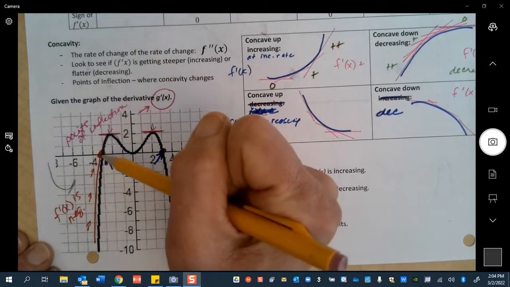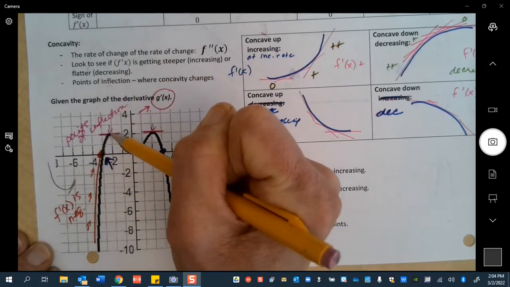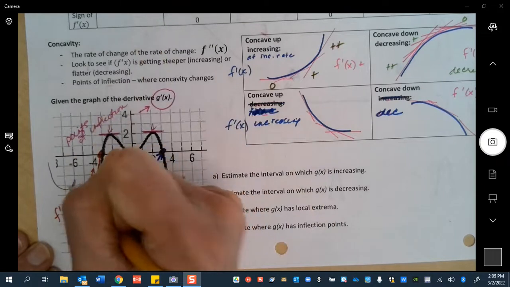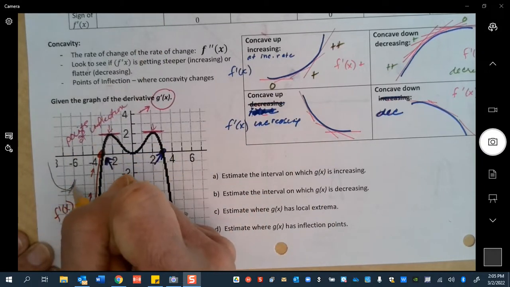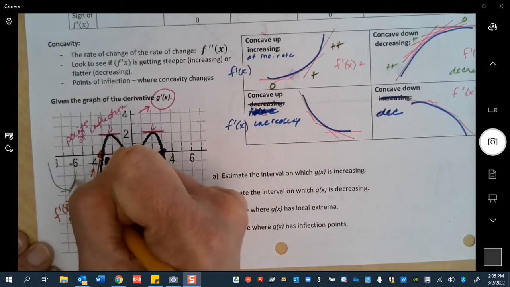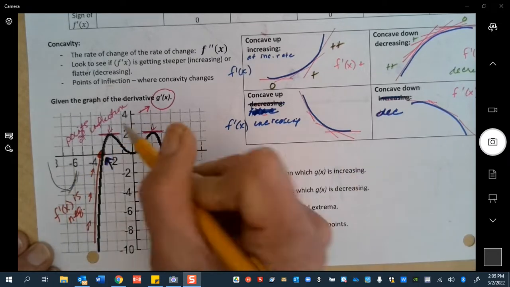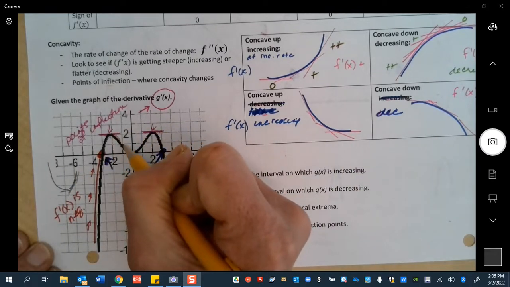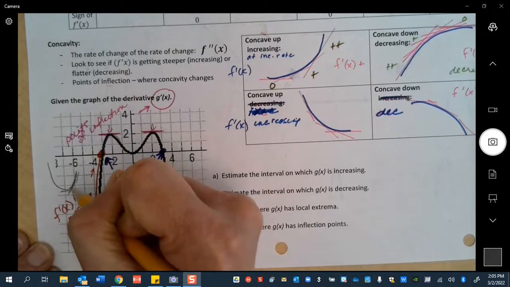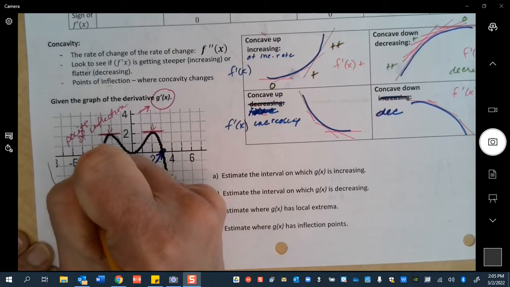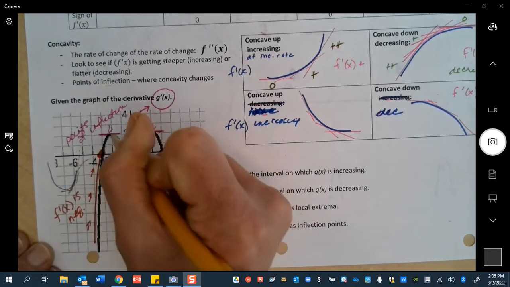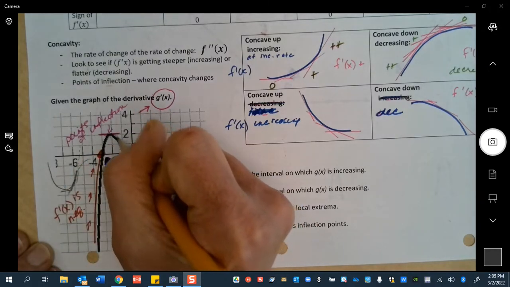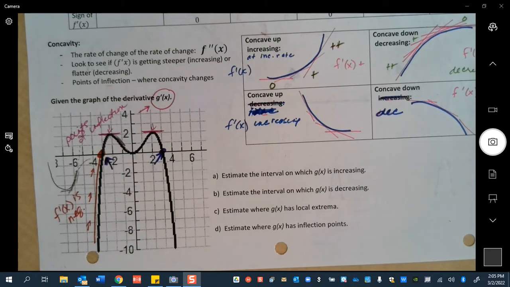So my derivative value is 0, 1, 2. 0 is my slope, 1 is my slope, 2 is my slope. See how it's getting steeper? But now it starts to decrease. So this is where, instead of this graph traveling up this way, it's going to turn, because now I'm going to have a decrease in my slope.